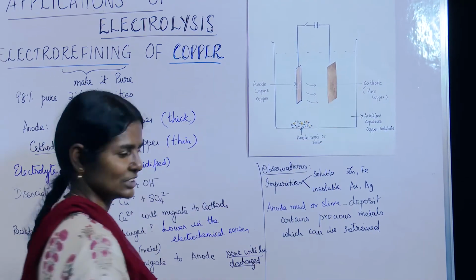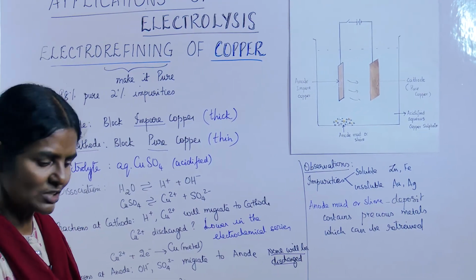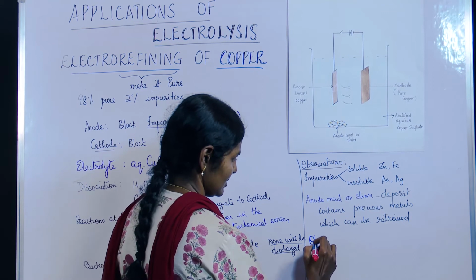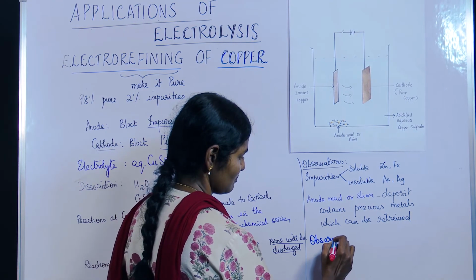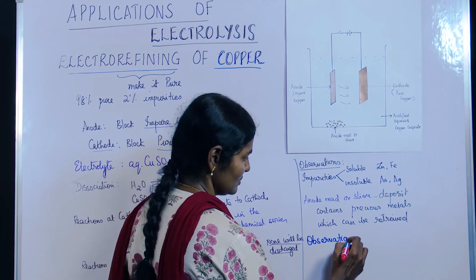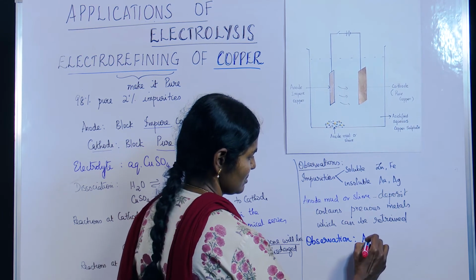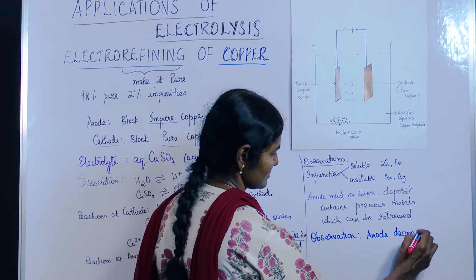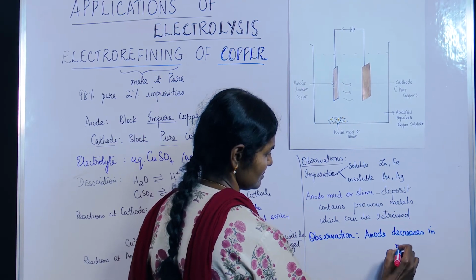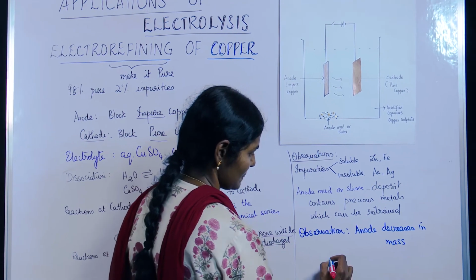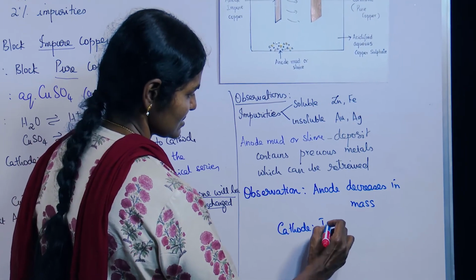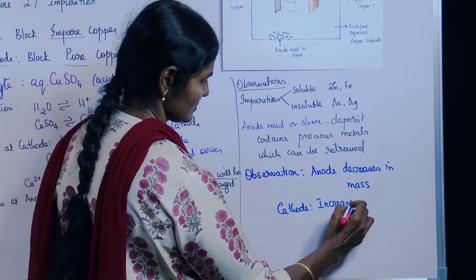So coming to the observation part, in this application of electrolysis also, the anode decreases in mass, at the same time the cathode increases in mass.